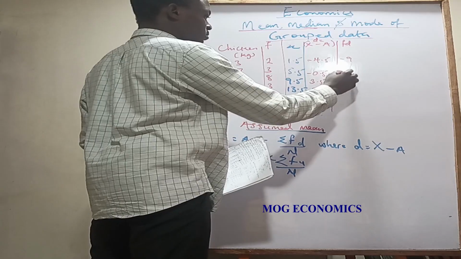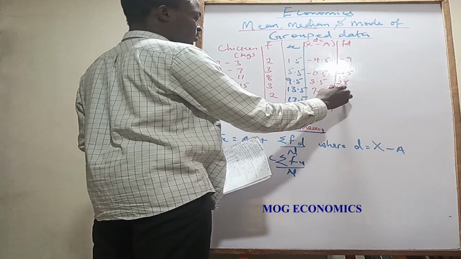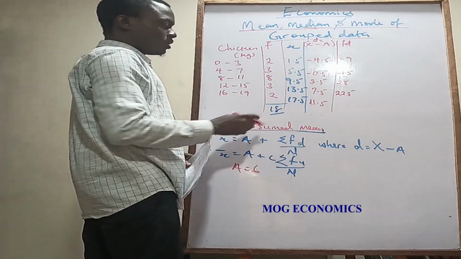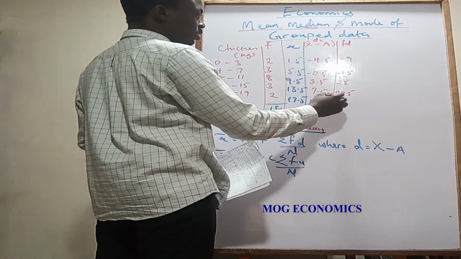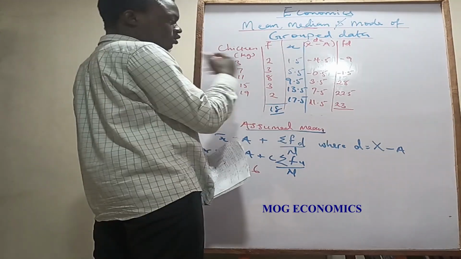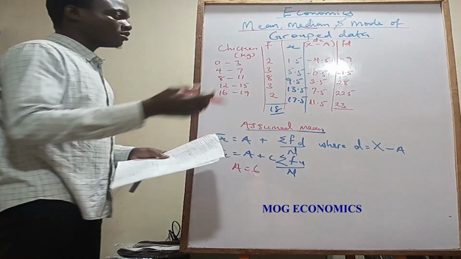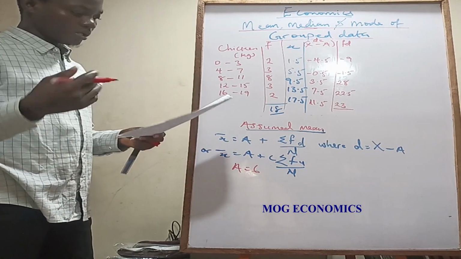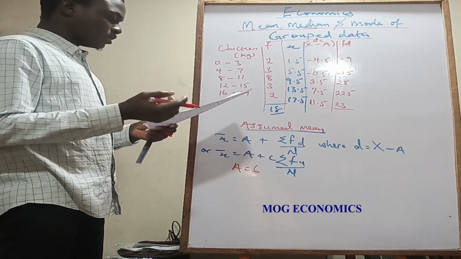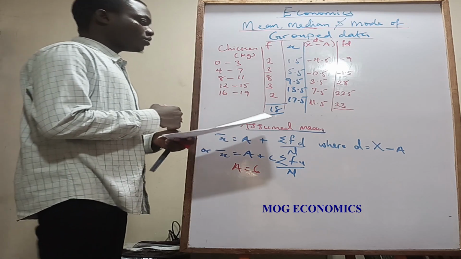Then 22.5. This is the column that we are summing. So when you sum everything here, minus 9 minus 1.5, that's minus 10.5, plus 28, on and on, we should be getting 63.